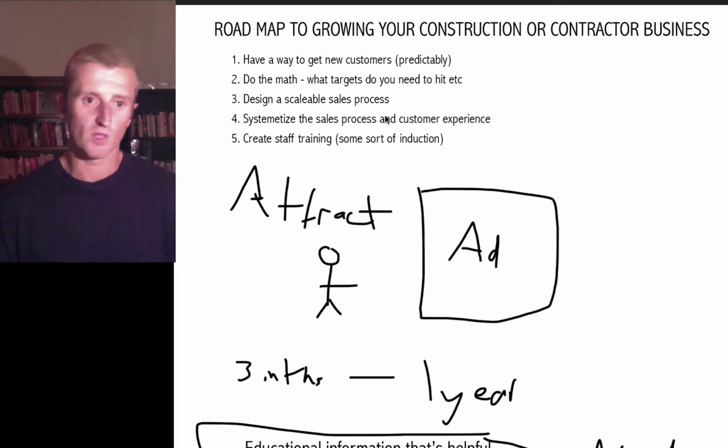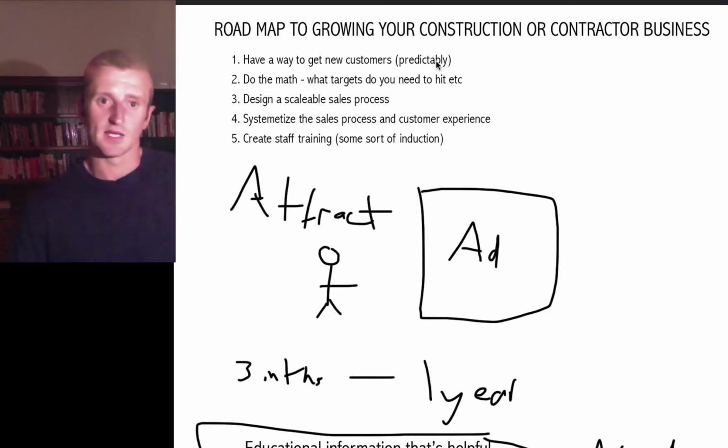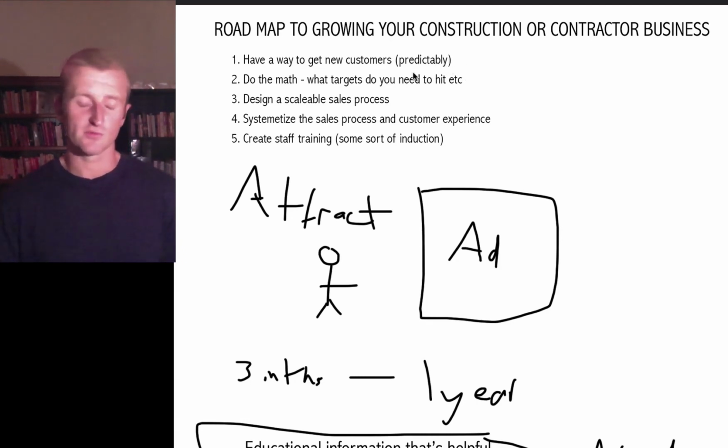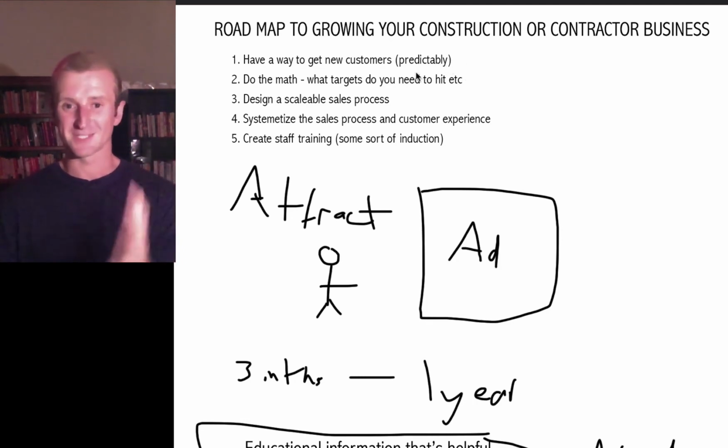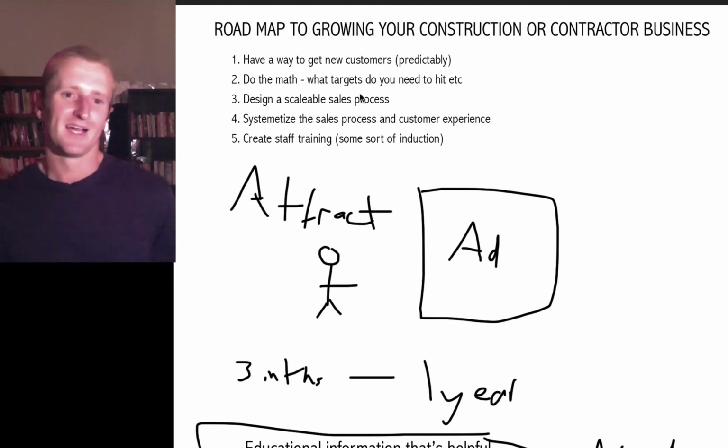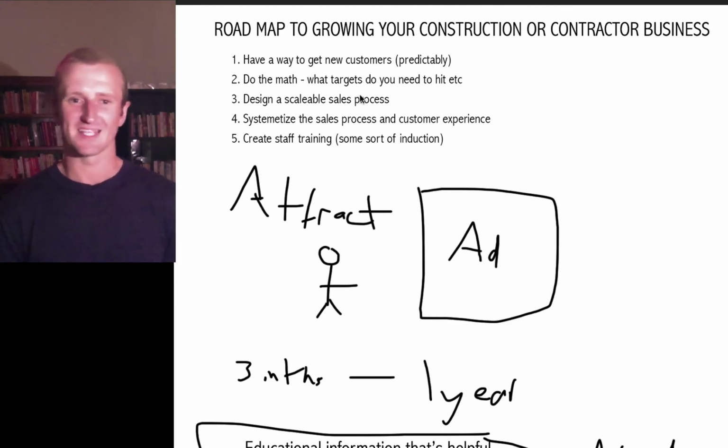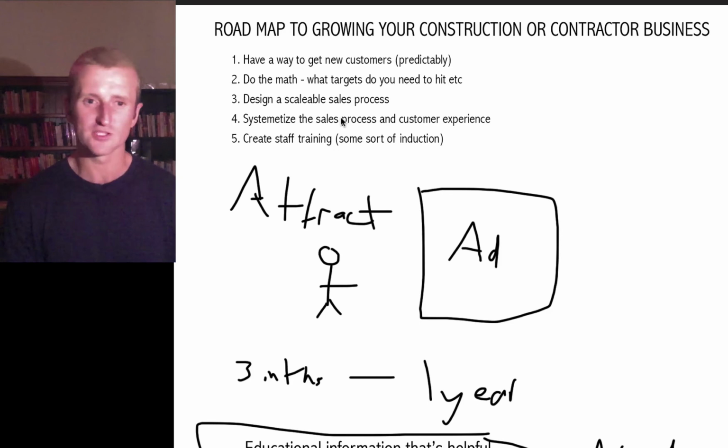Once you have a way to get customers, once you've figured out the math and know what's achievable and feasible, once you have a sales process that's working and can scale, and once you've systematized and automated it so that it's a great customer experience and you don't have to spend so much time on monotonous tasks, now it's just a matter of putting in the training.